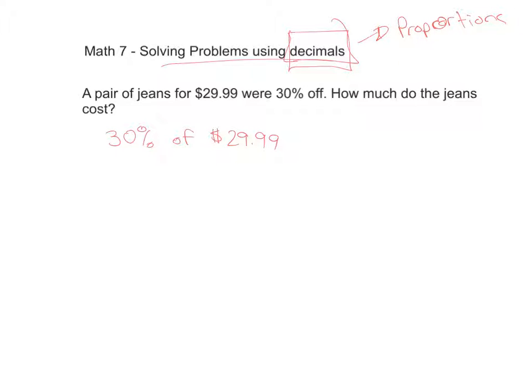I always set it up with this kind of statement. Now, if you can say 30% of some number, I find the steps are fairly straightforward. The first thing that you're going to do, step number 1, is rewrite our percent as a decimal.